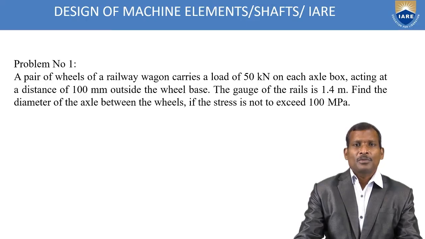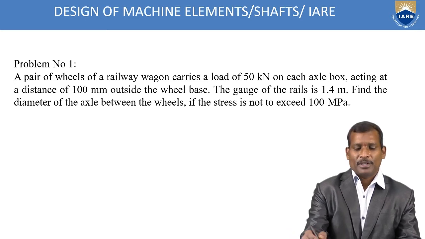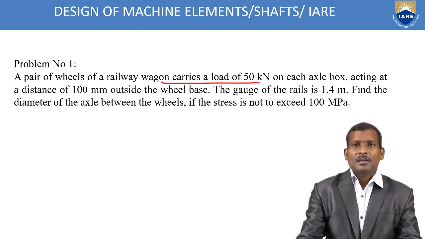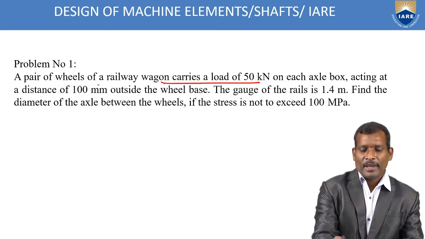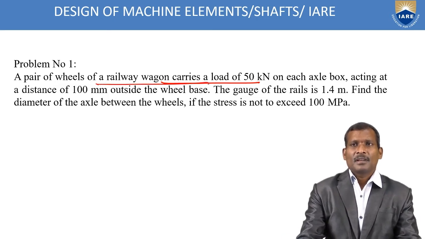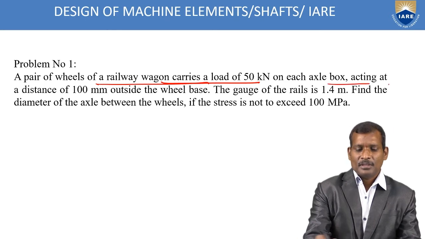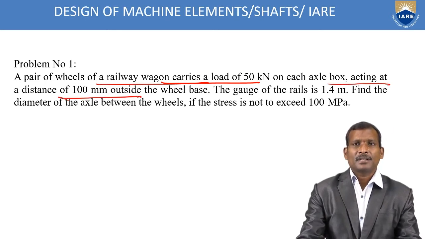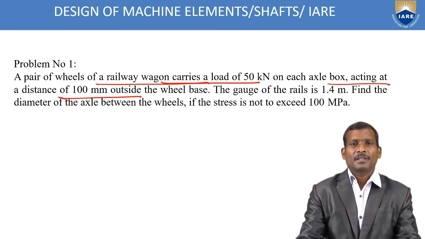So take this problem. A pair of wheels of a railway wagon carries a load of 50 kilonewtons. That is the railway wagon. It carries on each axle box, acting at a distance of 100 mm outside the wheelbase.